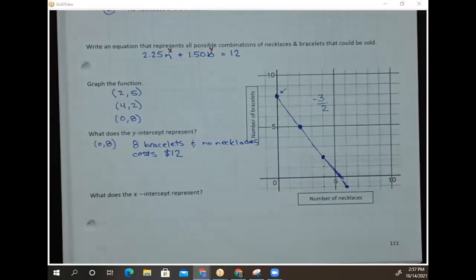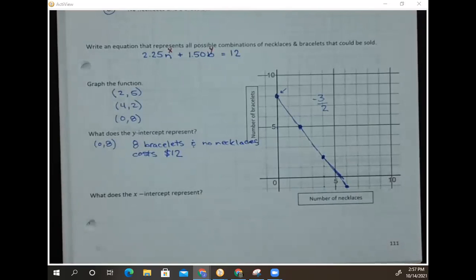So since my x-intercept is going to fall between 5 and 6, is that a value that makes sense for this problem? No, right? I can't go to the counter and say, I'd like as many necklaces as you can give me for exactly $12. And they'll say, okay, here's 5, and then let's take this one and cut it in half, and you can have 5.5 necklaces. No, that's not going to do anybody any good, right?